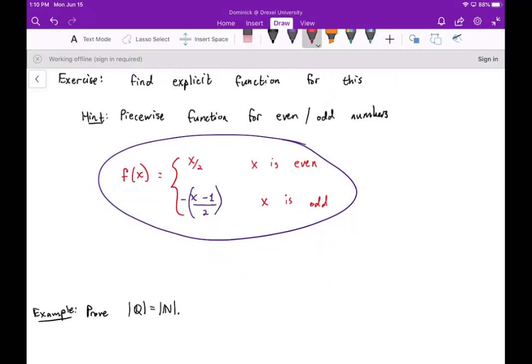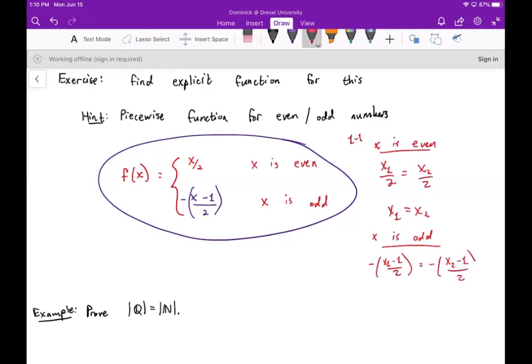Now, to show that it's one-to-one and onto, of course, you would do the same thing. So if x is even, you'd have that x1 over 2 is equal to x2 over 2, which would imply that x1 is equal to x2. And if x is odd, so this is showing one-to-one here, then we would have that minus x1 minus 1 over 2 is equal to minus x2 minus 1 over 2.